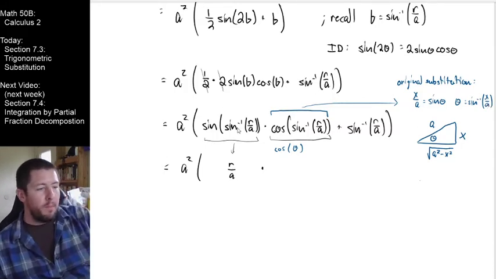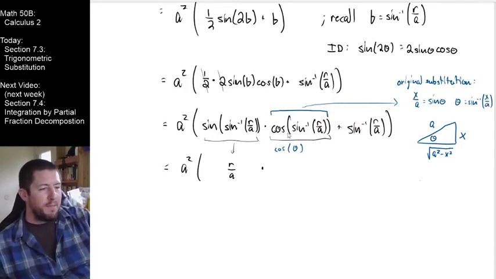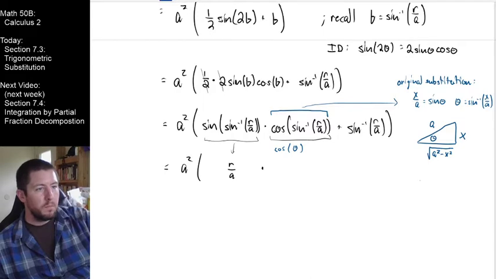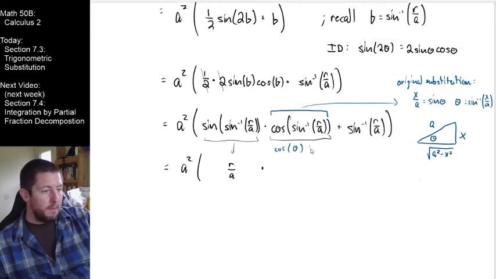Okay, so the way that I'm writing this right now, I am defining in this situation right here. I'm really saying, let theta equal sine inverse.